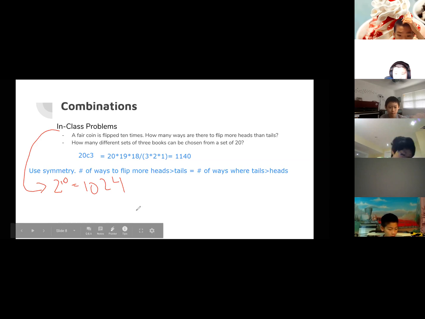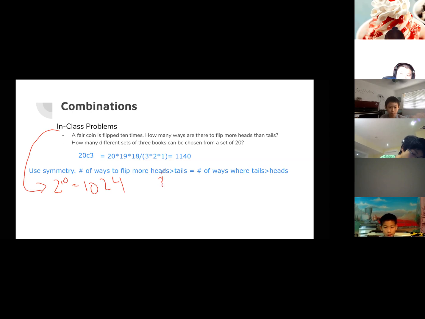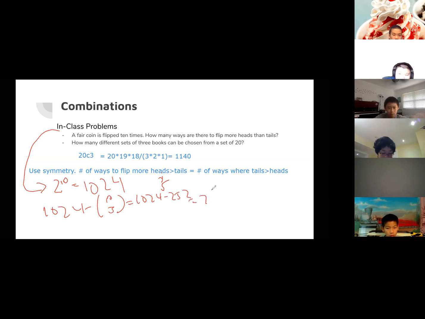If the number of heads and tails are the same, that means there are 5 of each, and out of these 10, we just need to choose 5 of them to be heads. So 1024 minus 10 choose 5, which equals 1024 minus 252, which equals 772. So there are 772 ways where the number of heads and the number of tails are different.